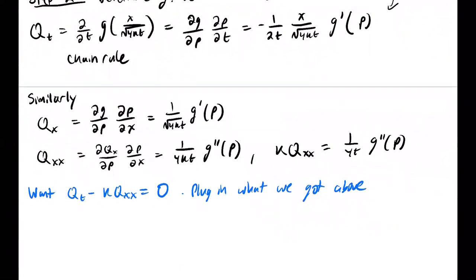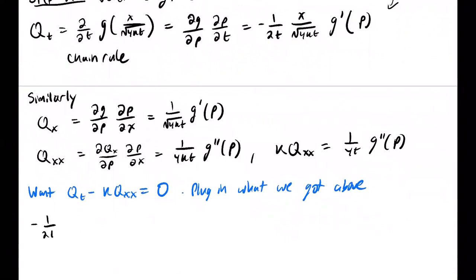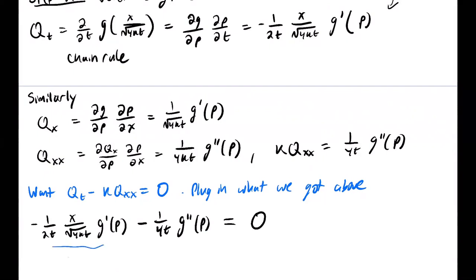For q_t, we have minus 1 over 2t times x over square root of 4kt times g prime of p. And then for the k times q_xx term, we had minus 1 over 4t times the second derivative of g with respect to p. And we want that to be equal to 0. Just to clarify where we are, this is the q_t term, and this is the minus k times q_xx term, and we want this to be equal to 0.